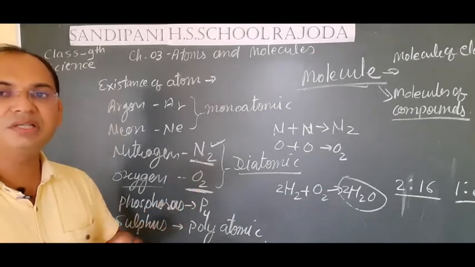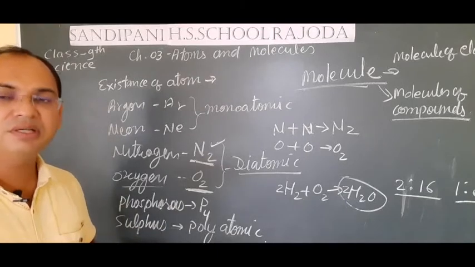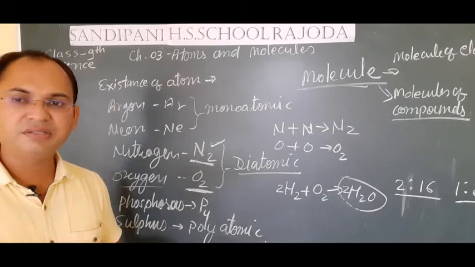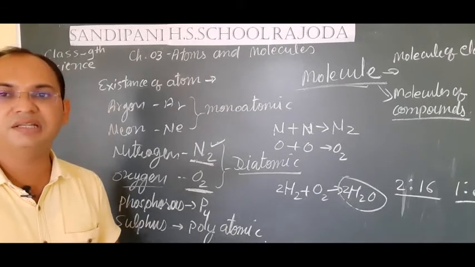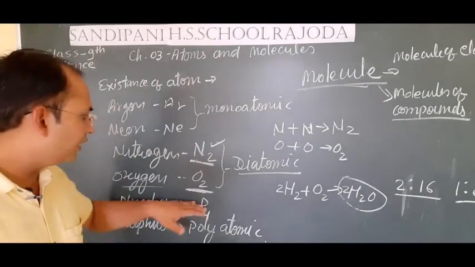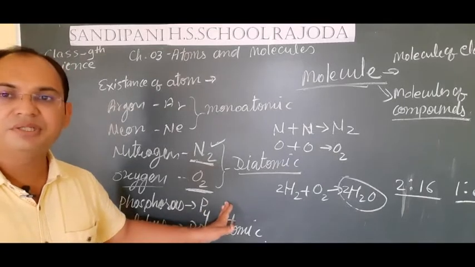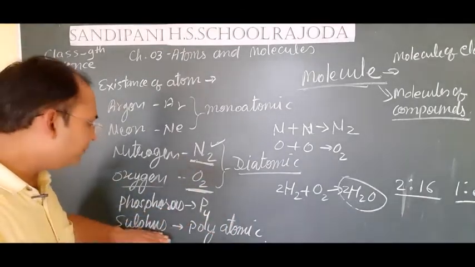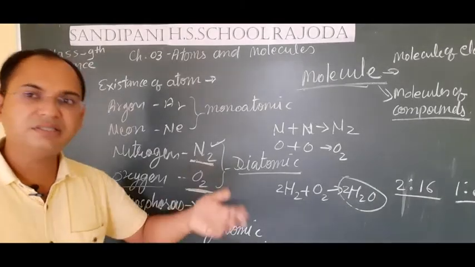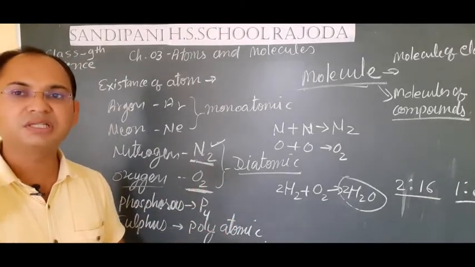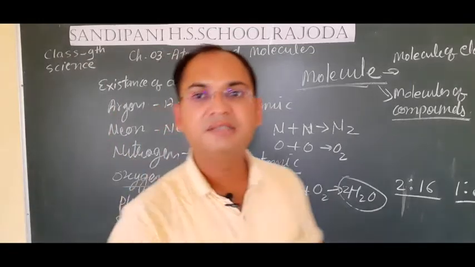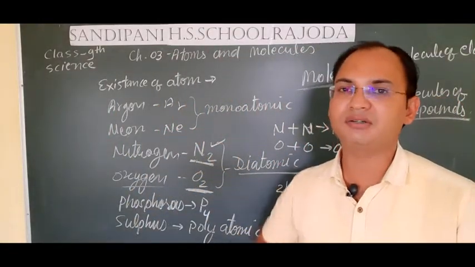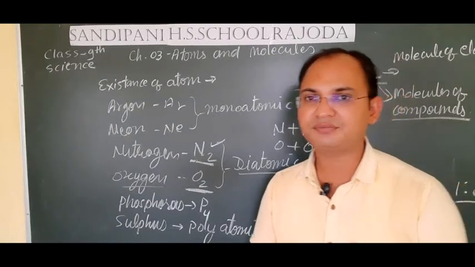If more than two atoms combine together to form the molecule of an element, then on the basis of the number of atoms we call them tetraatomic, pentaatomic, hexaatomic, or, if a single element exists in molecules with different numbers of atoms, we call it polyatomic, just like sulfur.